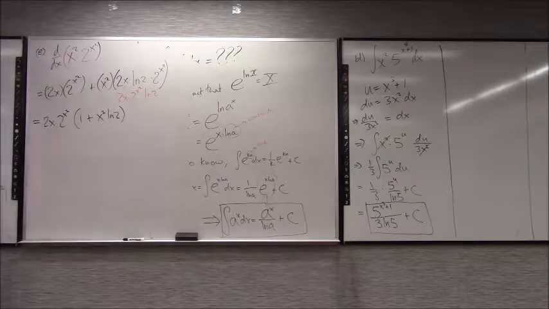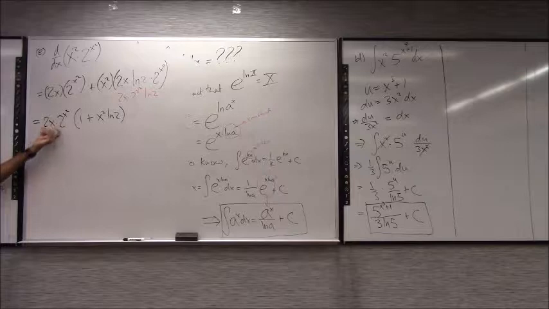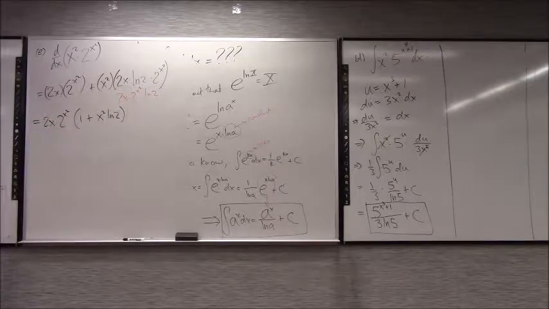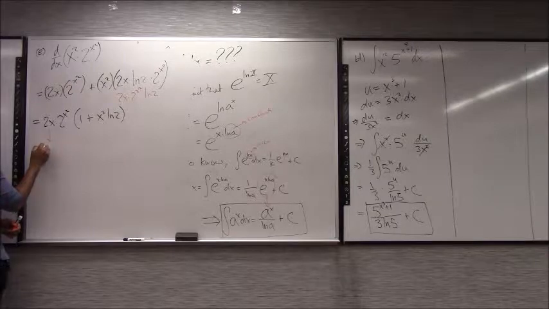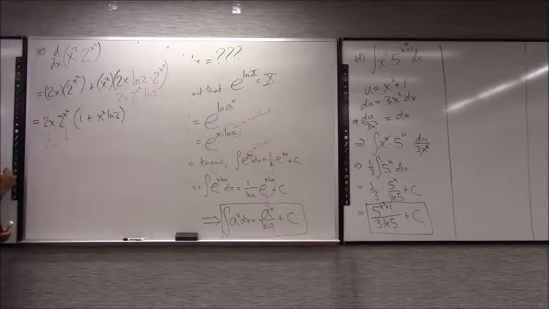If you ever had to set this, for example, pretend this is a function and you needed to find the slope or where the critical points are, you'd factor it, set each individual factor equal to 0, and solve for it. Let's say I set this equal to 0, how would you solve it? What would the values be? 2x equals 0 means x equals 0. What would this mean? Can that be 0?